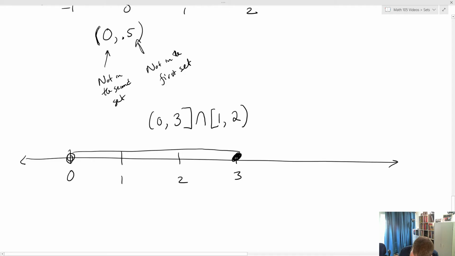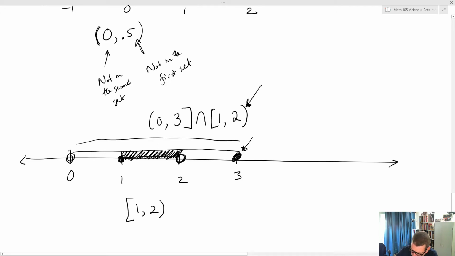And then in our second set, 1 will be included, but 2 will not. So we have an overlap right here that takes us from 1 to 2. But we're not going to include 2, because 2 is not in the second set. We will include 1, because 1 is in both sets. This whole interval from 0 to 3 has 1 in it, and 1 is also included inside of your second set.